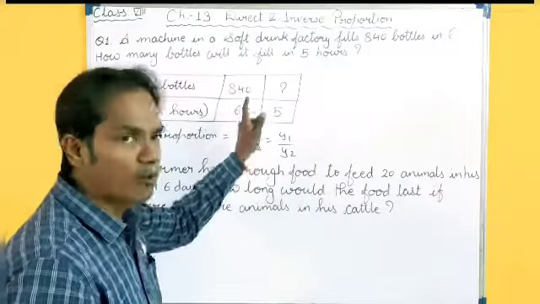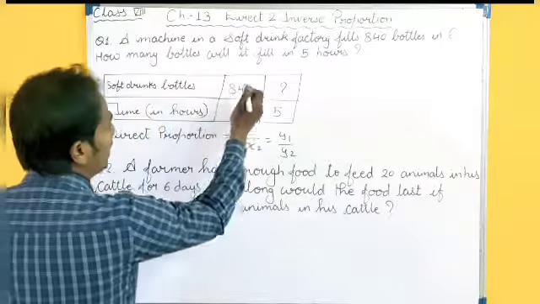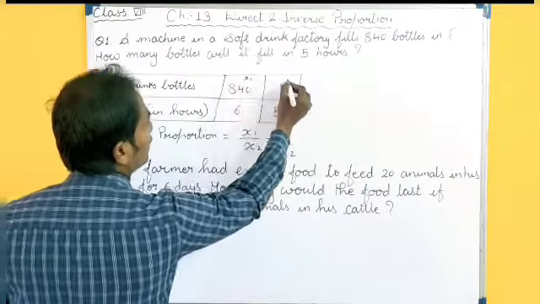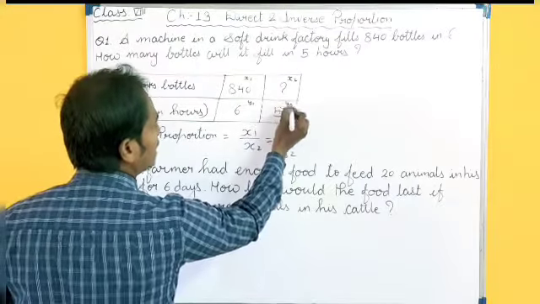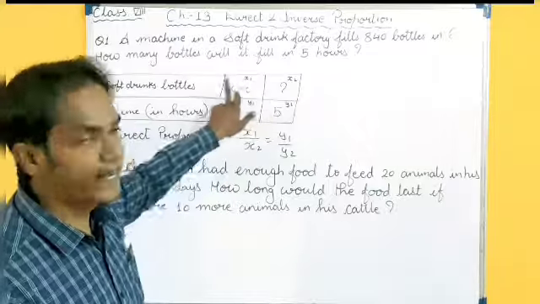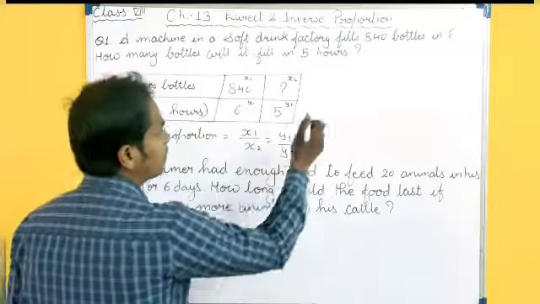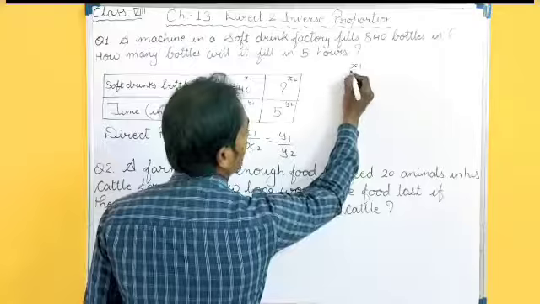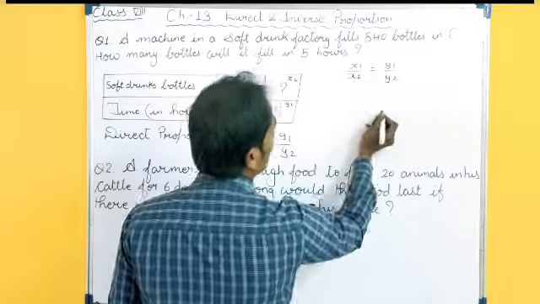With the help of this formula, we will solve this question. Okay. So assume that this is x1, this is x2, this is y1 and this is y2. So I have taken soft drink bottles as in x series and time in y series. So simple formula I will use here, x1 upon x2 is equal to y1 upon y2.